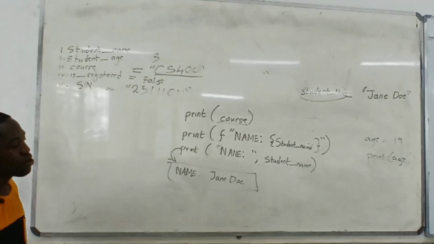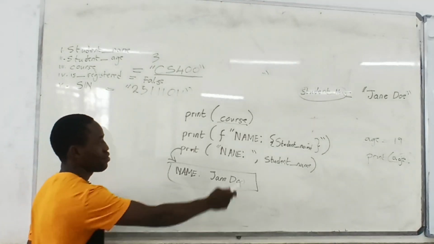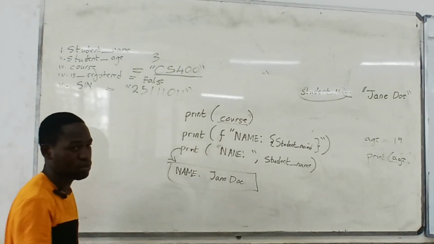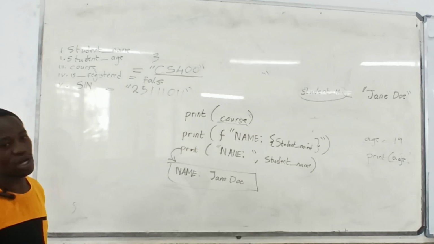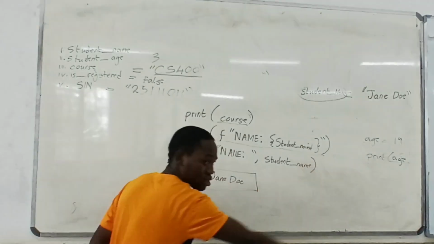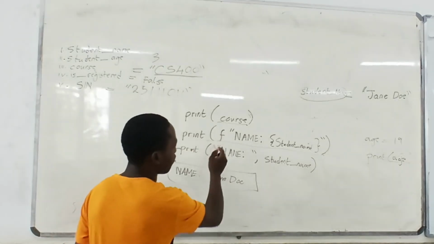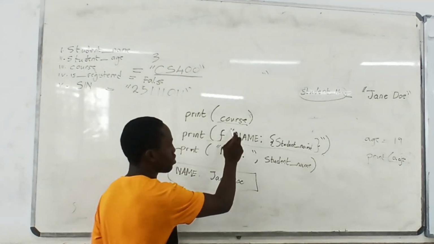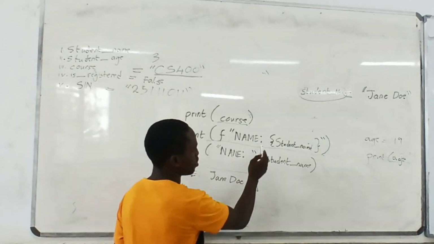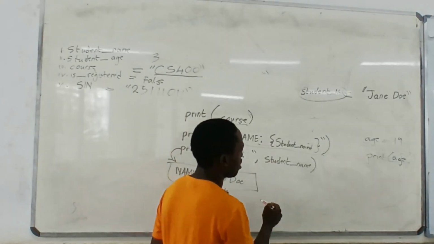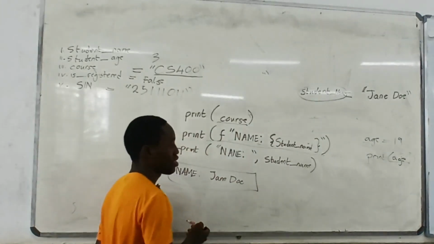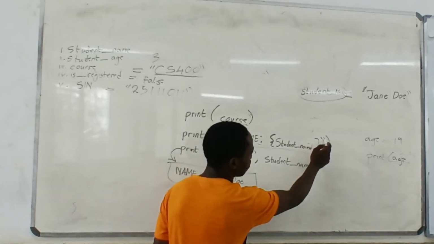So if you remember, when you're printing a variable, you don't add the quotation marks. But if you want to add the quotation marks, then you can use this method, where you start with the F, then the opening quotation, the label you want to use, the space or whatever will be here, and then the name of the variable will be inside curly braces, opening and closed, and then you just like that.